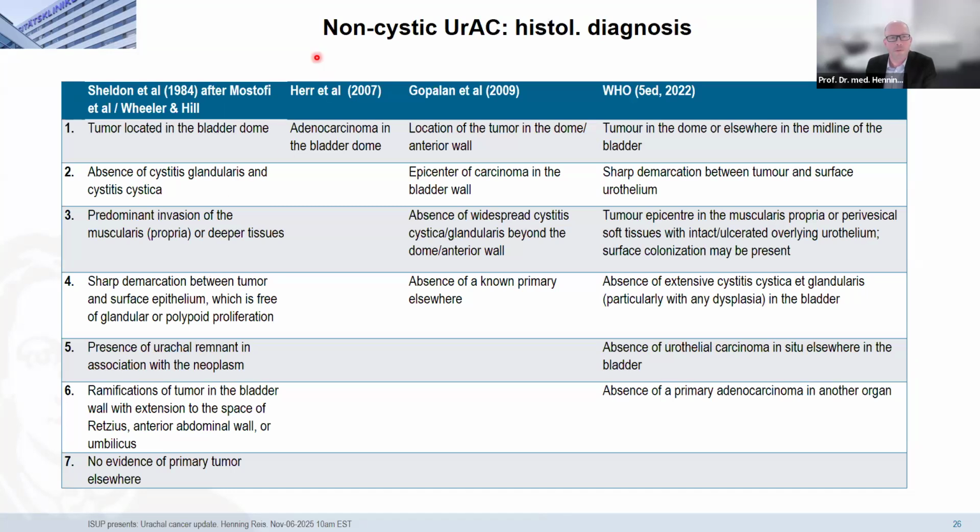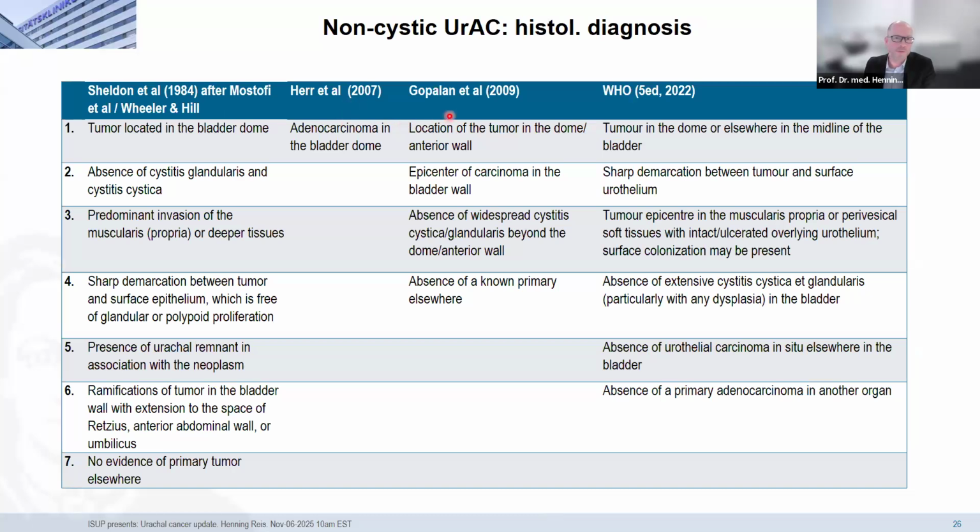Then Harry Herr from Sloan Kettering, in 2007, showed a very strict approach and said everything at the top of the dome of the bladder clinically, if there is an adenocarcinoma, is urachal adenocarcinoma until otherwise known or proven.